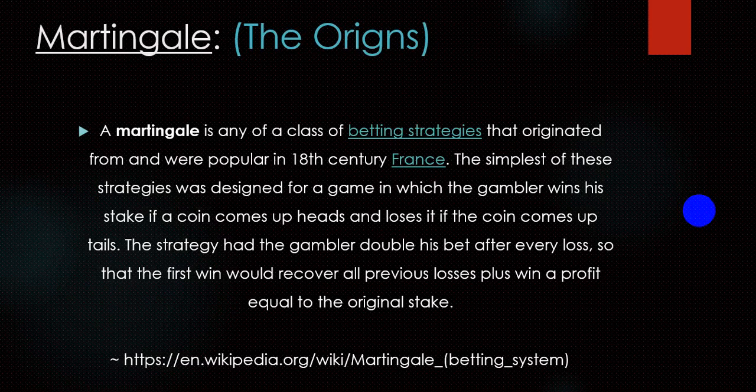The thing is, if you start with a $1 stake and you lose, you double your stake and make it $2. If you lose, you double your stake and make it $4. Eventually it must turn heads, and when it does, because you're always doubling your stake, you're going to cover all your losses plus what you would have won if you had won the first time. So that's it.